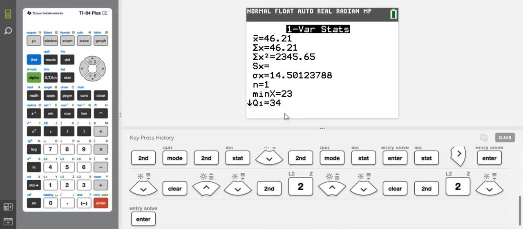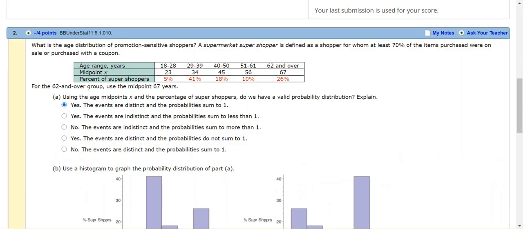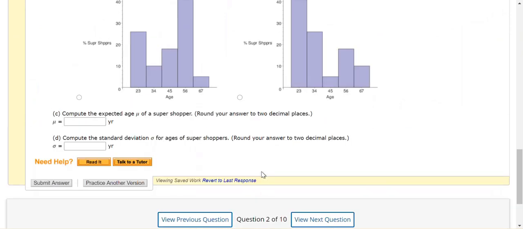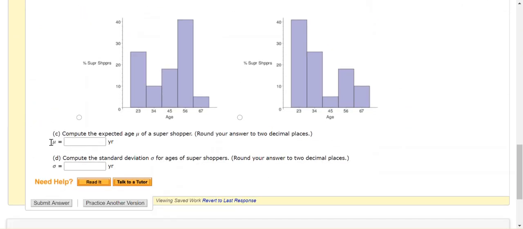Now here's one thing that happens. By default, your TI-84 calls all mean averages X bar, which is a little short-sighted in my opinion on Texas Instruments' part, but that's okay. That's still the mean, and so that answer was 46.21. And so let me go back and show you.